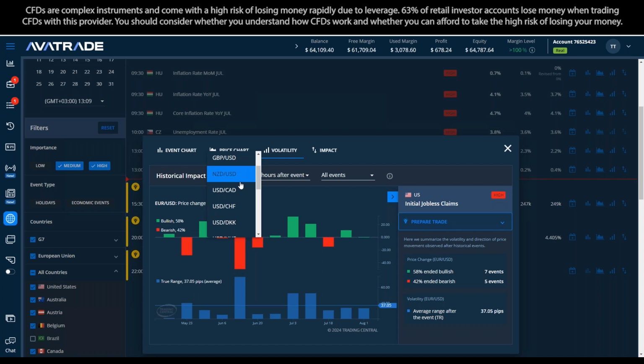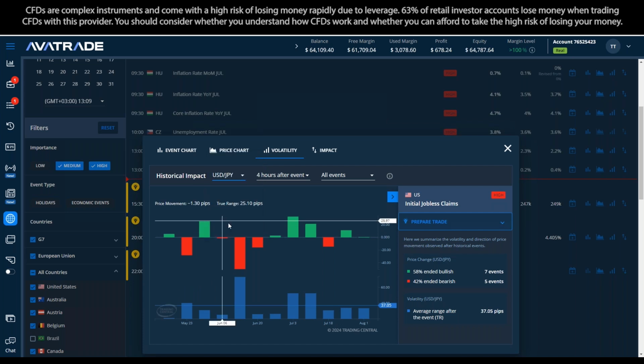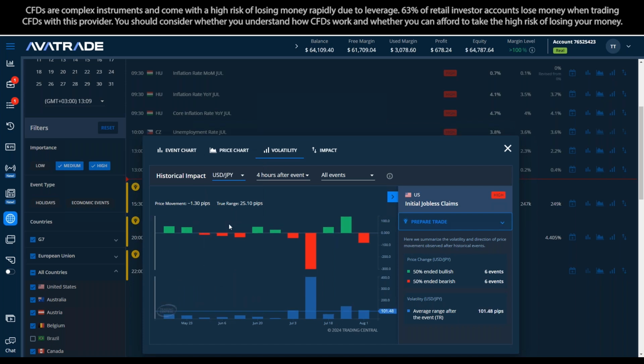And you might say the Japanese yen. It's one of the number one safe haven currencies that people run to when they think there's fear on the markets. We could also look at USD Swiss franc as an example. Swiss franc has also been a traditional safe haven type currency.